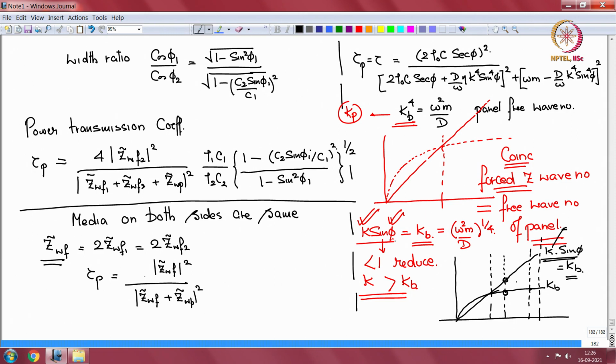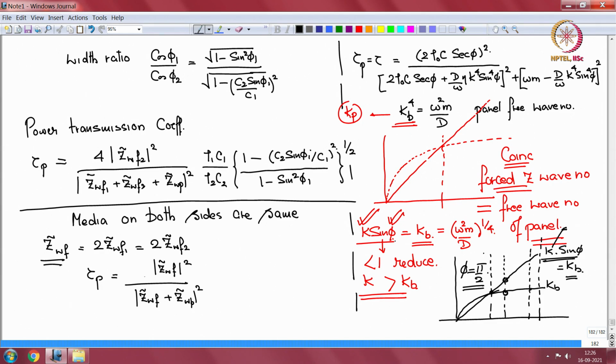In the limit when k is equal to kb, then phi has to be equal to pi by 2, at which you can have coincidence, because sin pi by 2 is 1, then k is equal to kb.